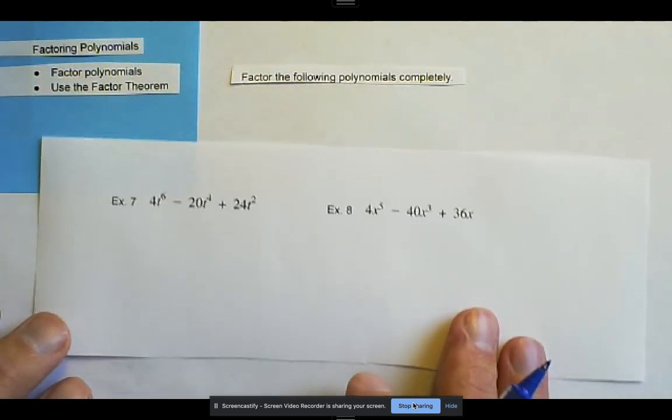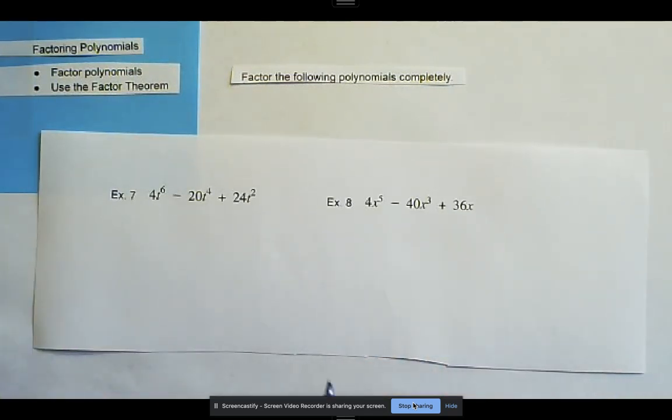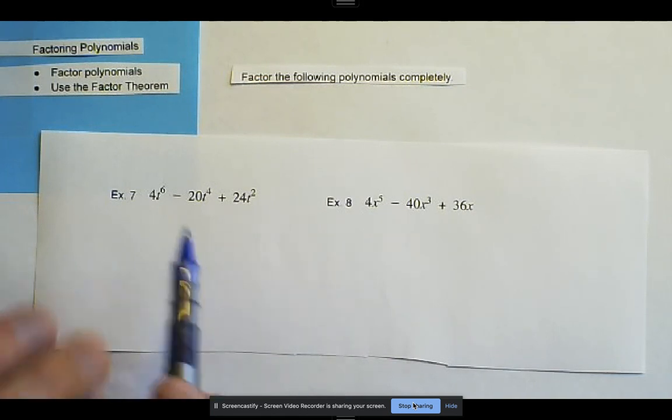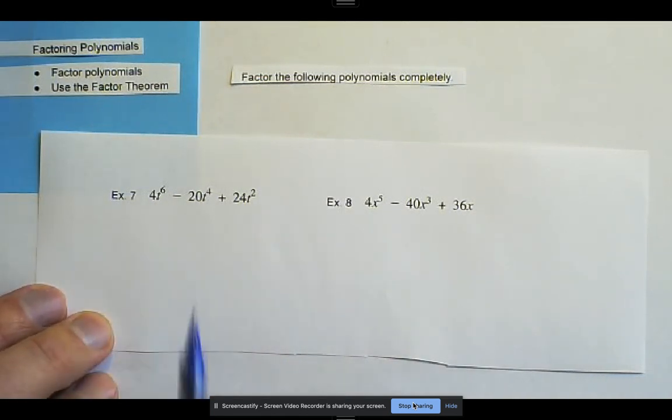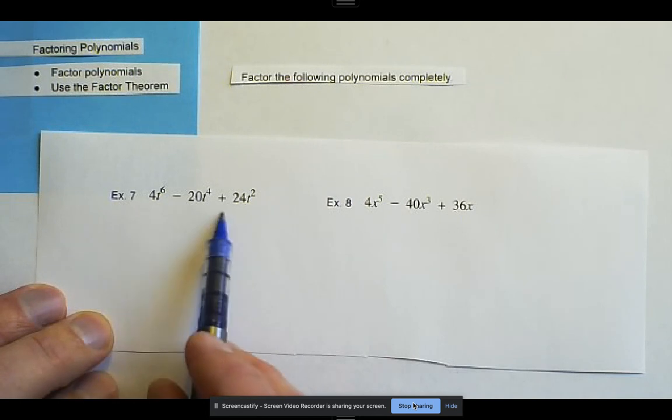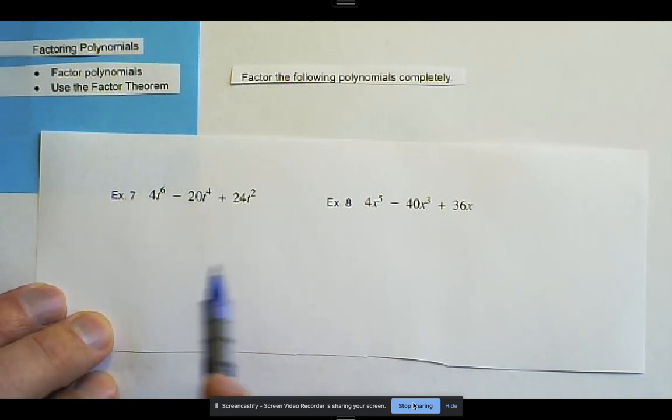Factoring polynomials, and here we have a trinomial, and each term has a t in it, and each term is also divisible by 4.